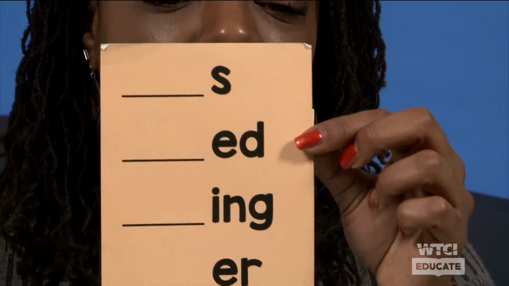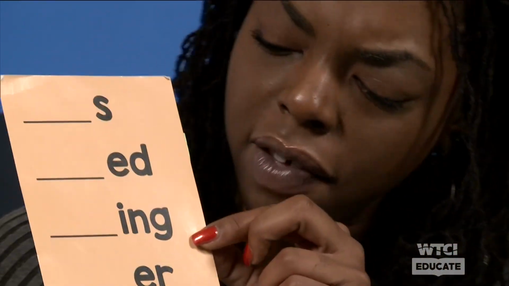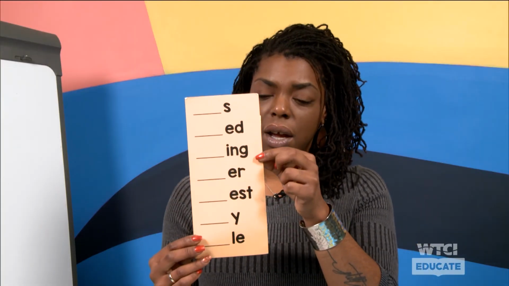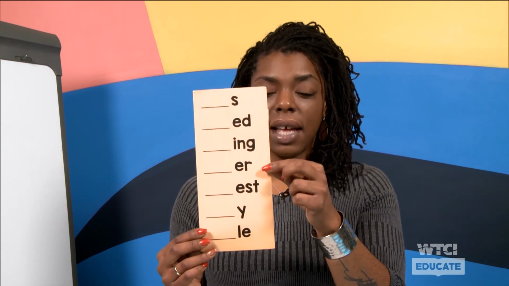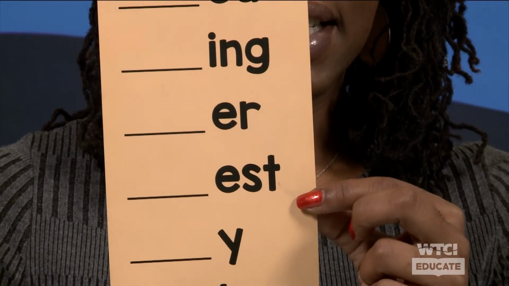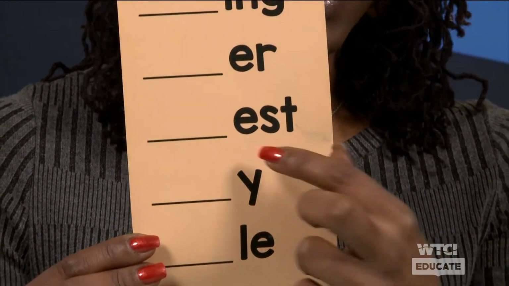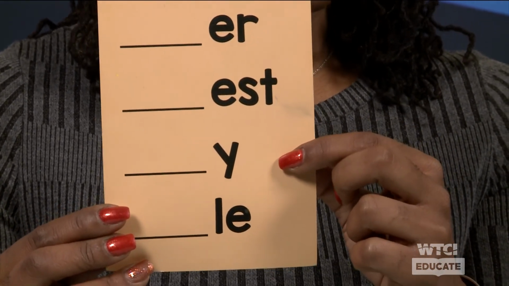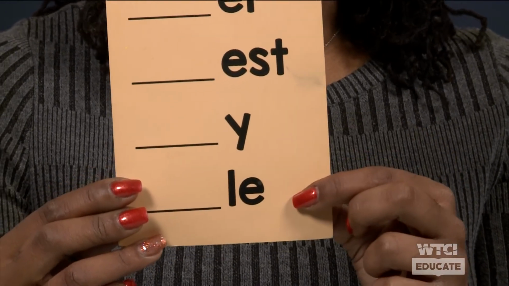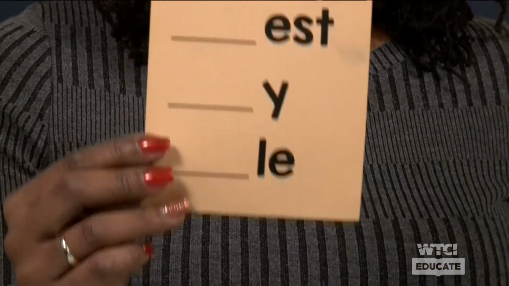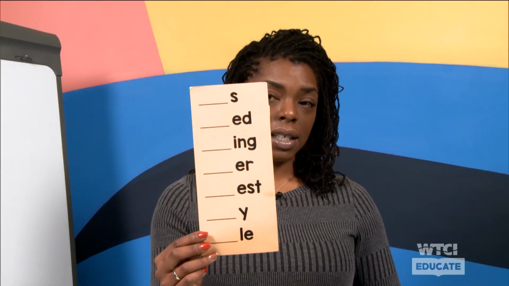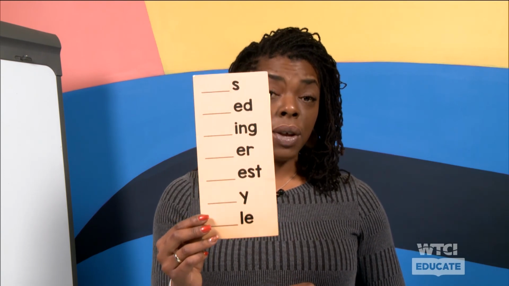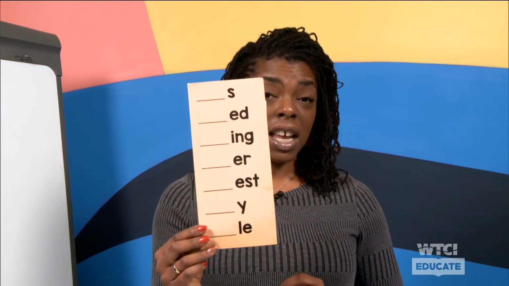We'll talk about that a little later. We have ing, est, e. Now notice the Y says the E sound here, and ul. Okay? So these are our word endings that you can see often at the end of words.